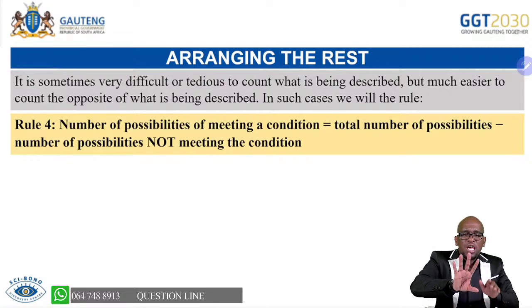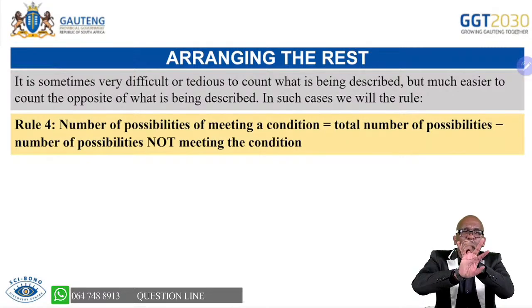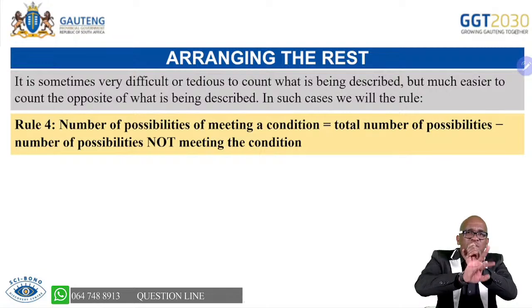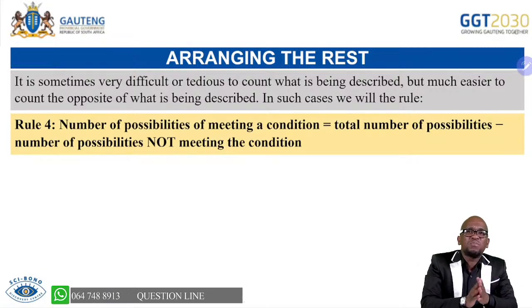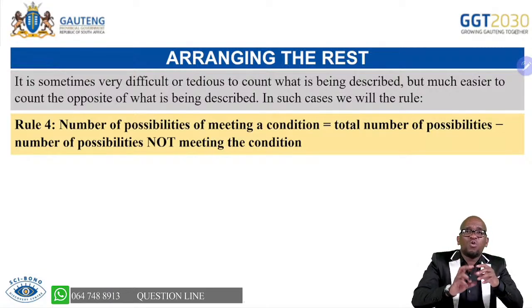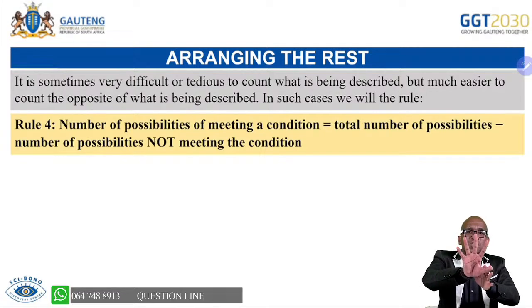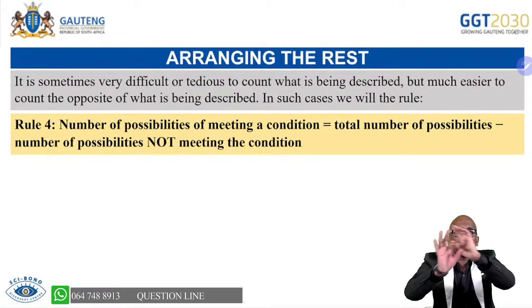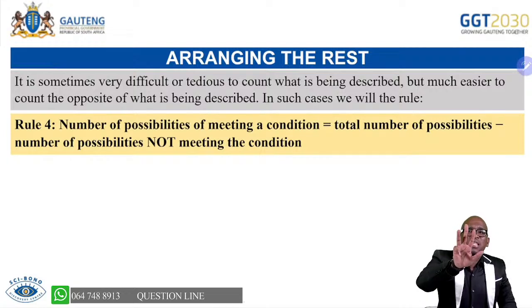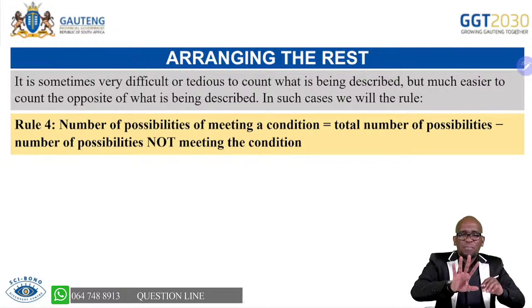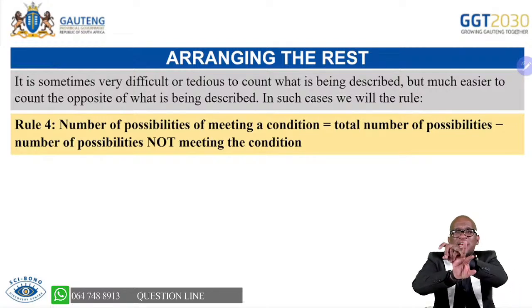If I know that 2 of them do not meet a condition and someone wants me to calculate the number of those that meet a condition, I can take the total, which is 5, and subtract the 2 that do not meet a condition. The remaining 3 would be those meeting a condition. So we are counting by difference. We said 5 minus 2.